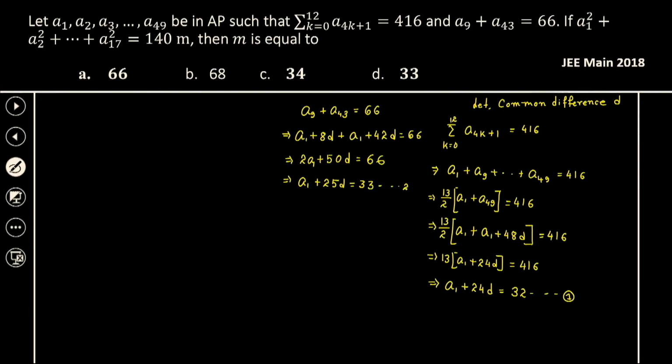Put that as equation number 2. Now if I subtract equation 1 from 2, D is equal to 1, and then the first term is equal to 8. So we obtain the first term and the common difference.